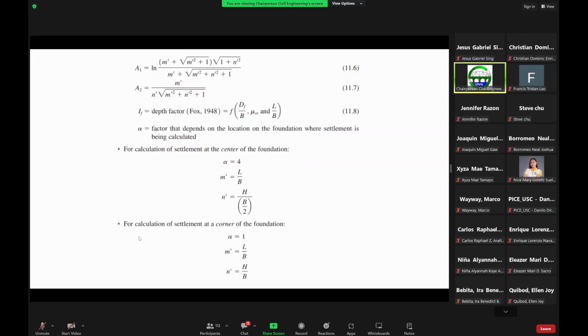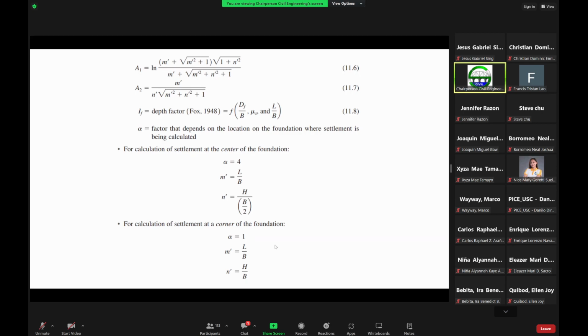Okay. Now, if you're calculating the settlement at the corner of the foundation, then alpha is equal to 1. Then m prime is just the same, that's the length of the foundation over the width of the foundation. Then n prime is equal to h over b.